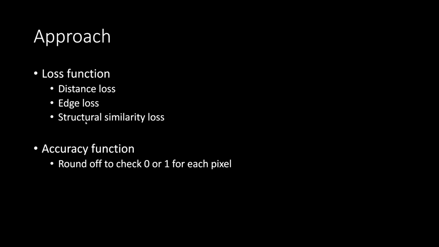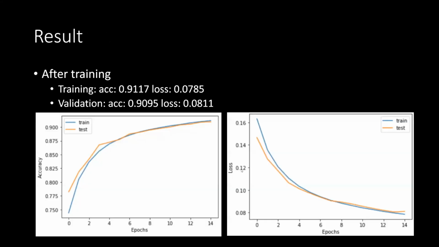The last one is the structural similarity loss, for which I just import the library, and it calculates how similar the structure is, like the surface and different surfaces. At last, I will have the accuracy function, in which I round off the ground truth and the prediction to 0 and 1 and check whether the 0 and 1 are matched for each pixel.